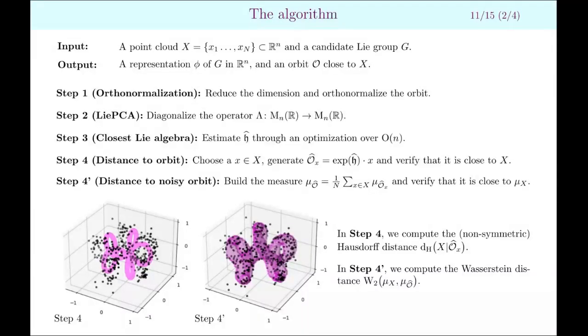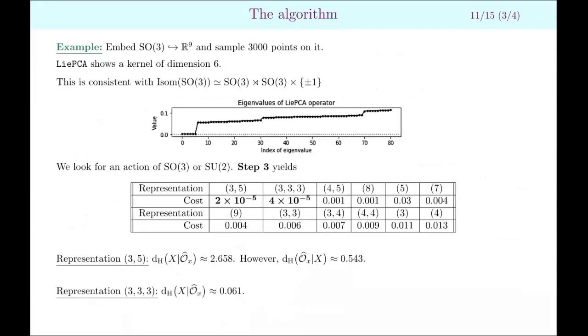Let me show you an example where this sanity check is important. This is a synthetic data set that I generated. I embed the special orthogonal group SO3 into R9 by flattening the matrices, and I sampled 3,000 points on it.